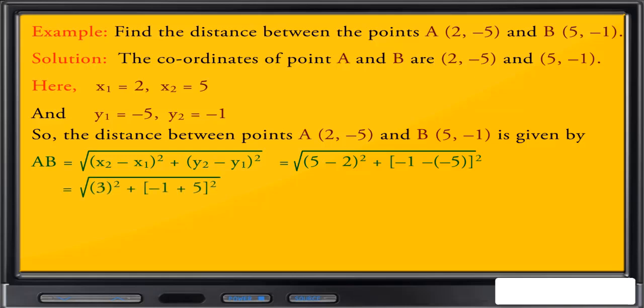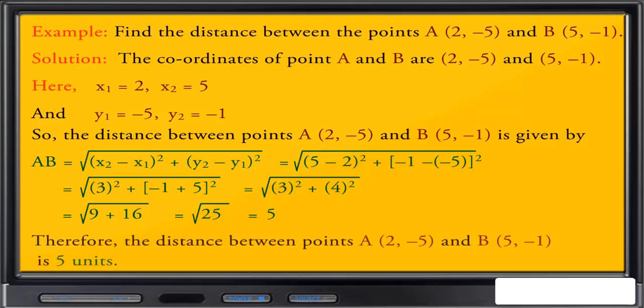This gives under root 3 square plus (minus 1 plus 5) whole square is equal to under root 3 square plus 4 square, which gives under root 9 plus 16 is equal to under root 25 is equal to 5. Therefore, the distance between points A and B is 5 units.